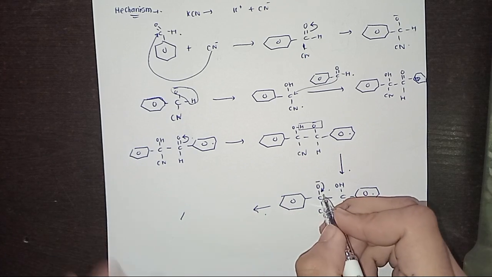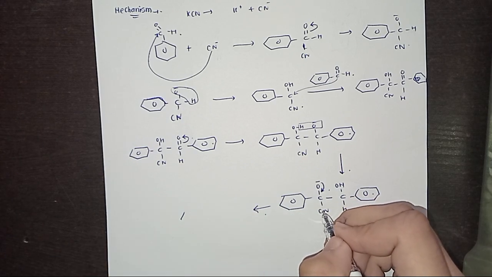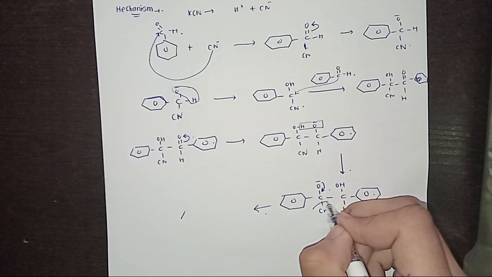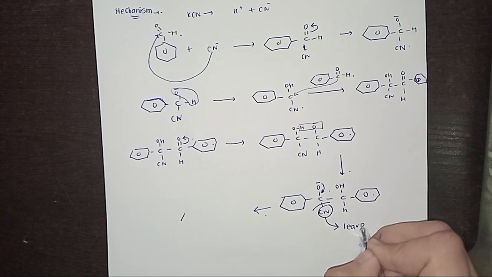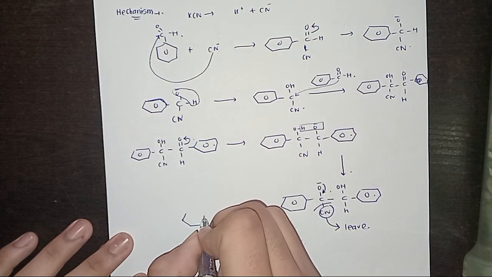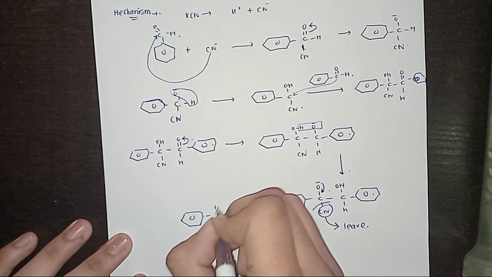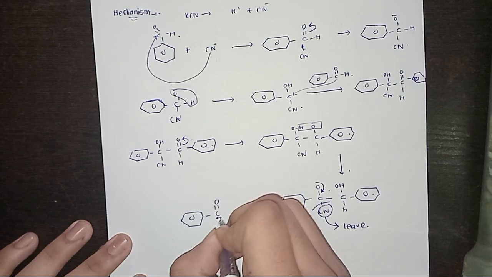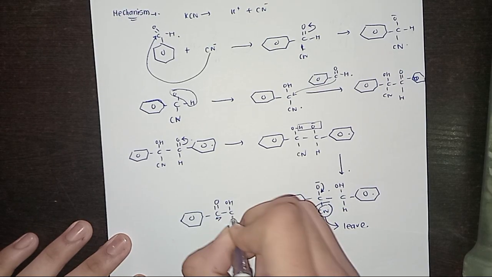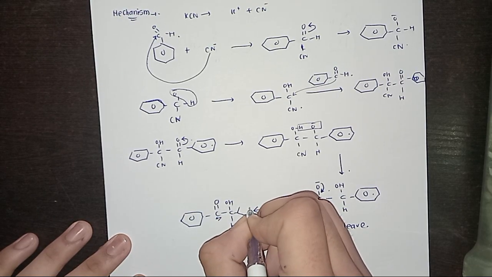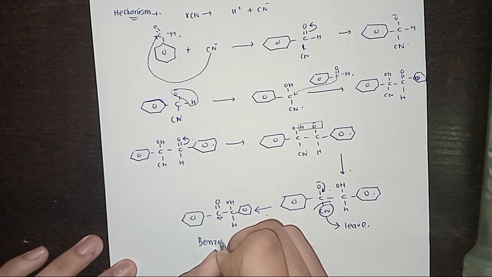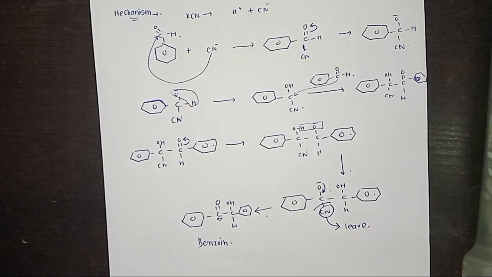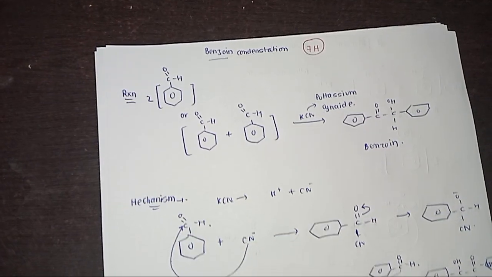With this double bond, the cyanide is a good leaving group, and it will leave this whole compound, and it will form the benzoin. It's a very simple reaction. Let me show you this whole reaction.